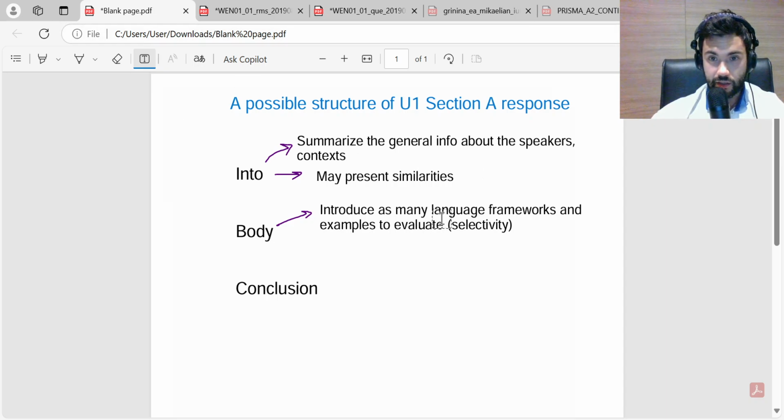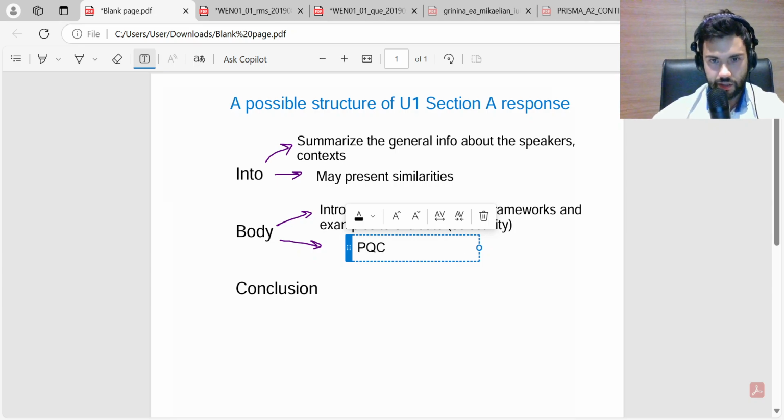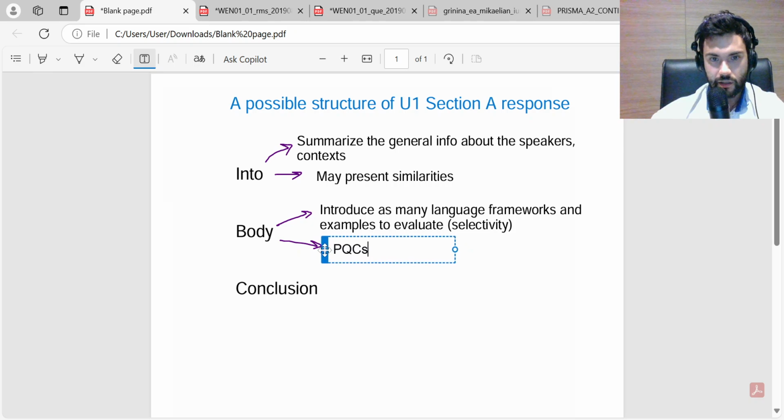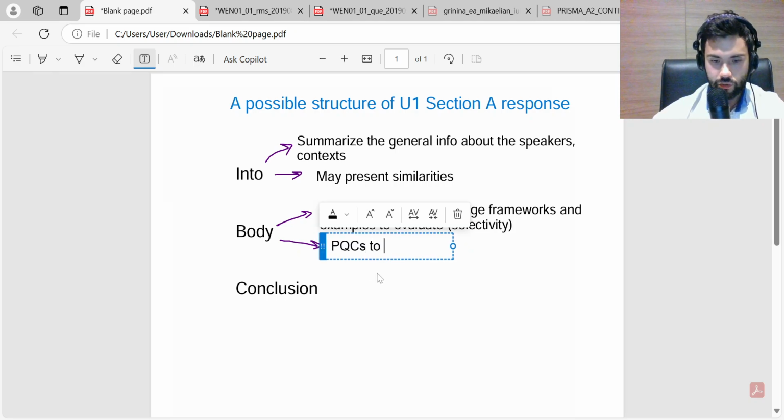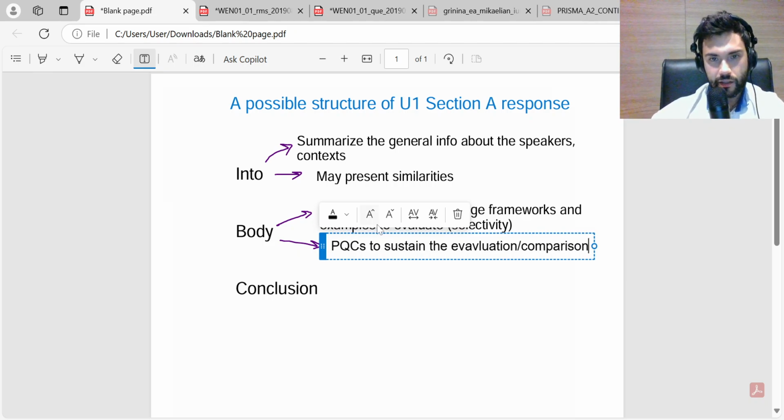So introduce as many language frameworks and examples to evaluate, which also means that we use point quote comments to sustain the evaluation and comparison. And here is a catch in here, that you can focus on the evaluation, or you can focus on the comparison.